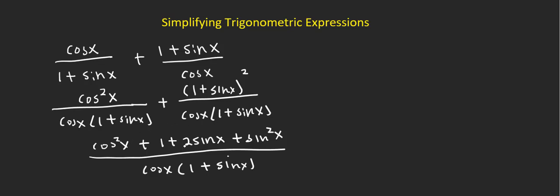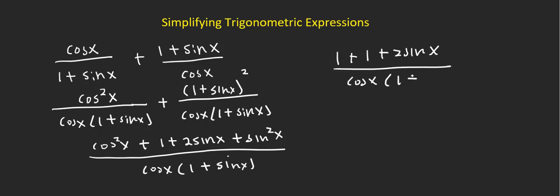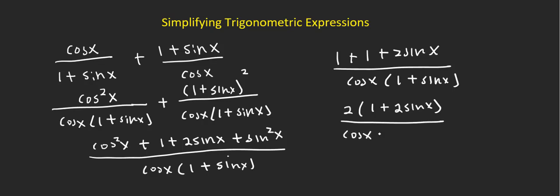So now you get 1 plus 1 plus 2 sine x over cosine x, quantity 1 plus sine x. Now this becomes 2 plus 2 sine x. And the common factor will be 2, so when you take out 2, you get 1 plus sine x, all over cosine x, quantity 1 plus sine x.